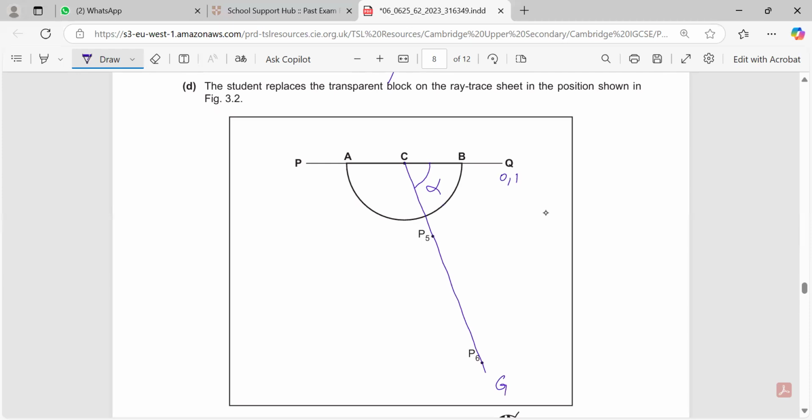You will read here 0 and 180, start from 0, 10, 20, 30 like this. Please measure it and let me know what this angle is.